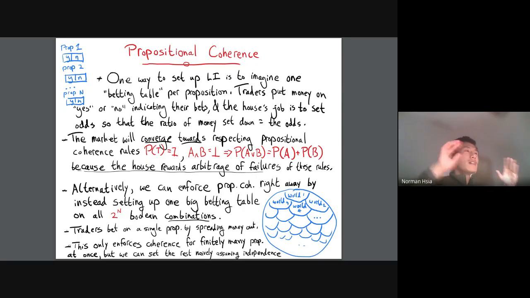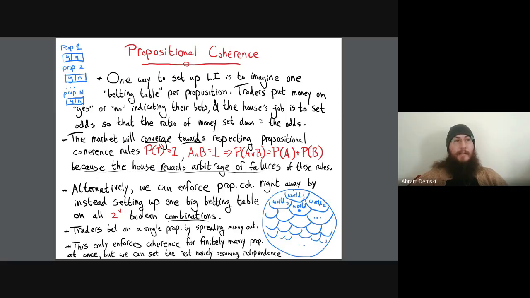So in light of this, I'm not sure what you mean by enforcing an independent notion of propositional consistency on the worlds, independent of the deductive process. When I say world here, I mean one of these 2 to the n Boolean combinations of only the sentences that we're looking at on that day. So we can distinguish between propositional coherence just on the sentences that are in the market on that day, versus trying to extend it out to infinitely many sentences.